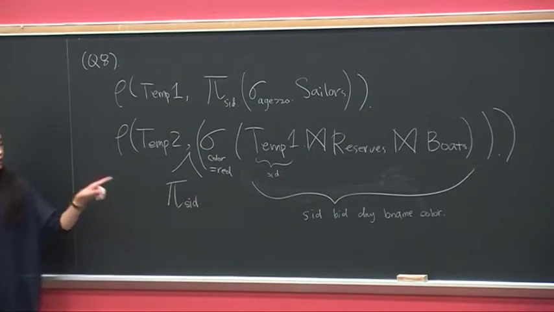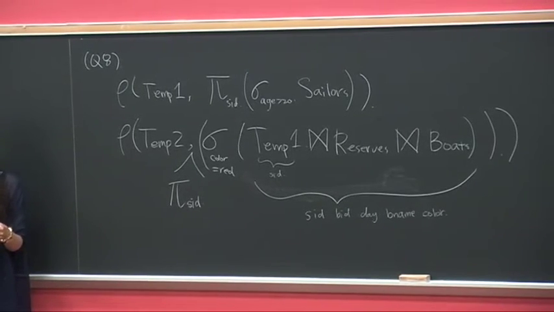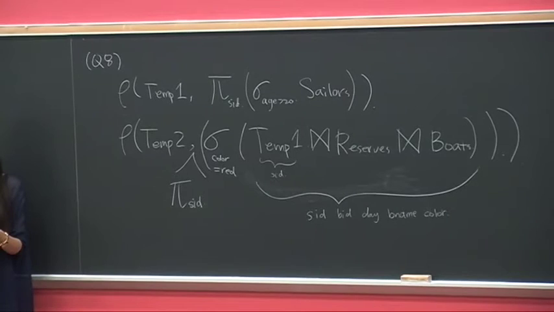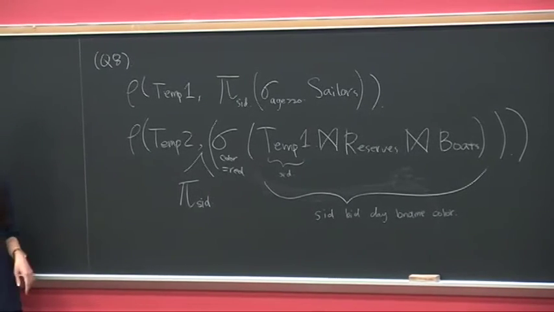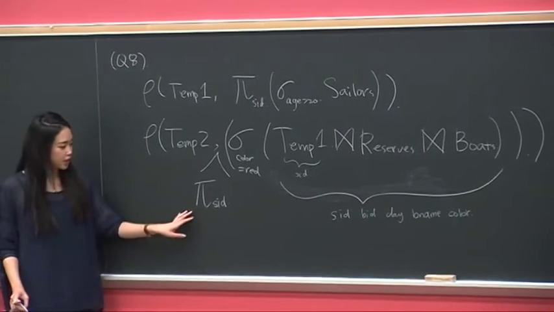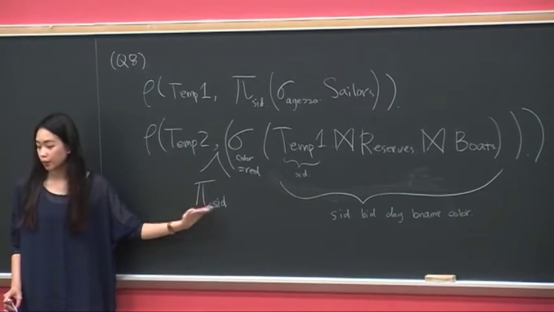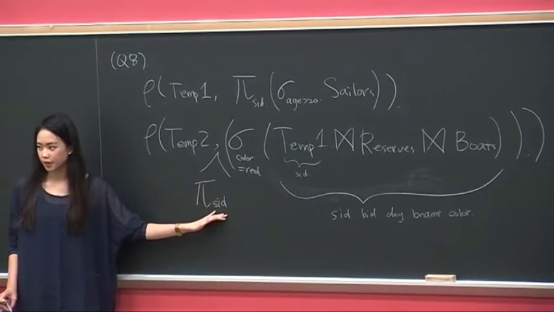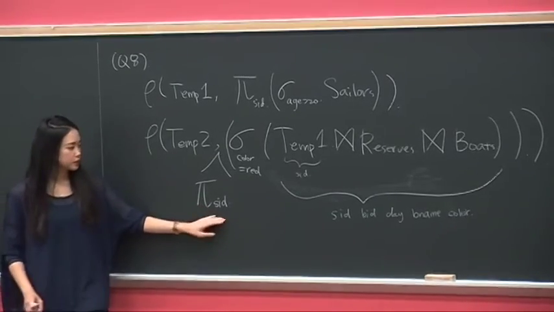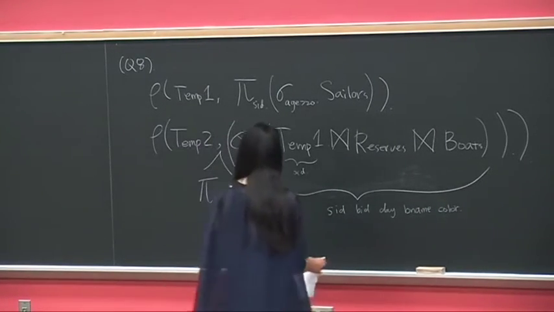Correct? So, go back to our goal. Our goal is to find the SIDs of sailors with age over 20 who have not reserved the red boats. So here's where we want to take the set difference. And note right here, we are taking projection. It's because set difference requires both relations to be what? Same schema, union compatible. Okay.